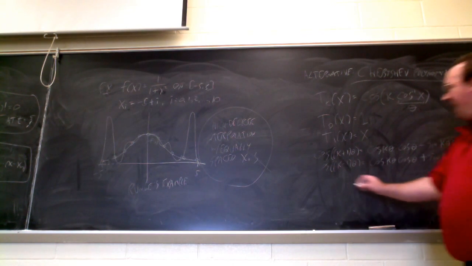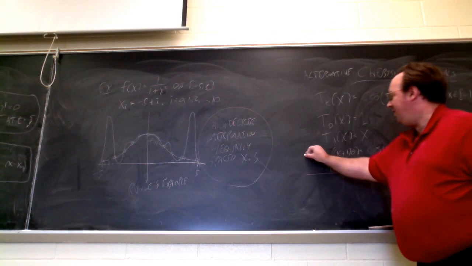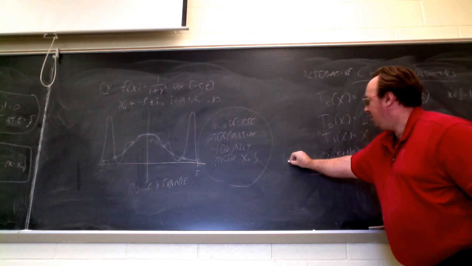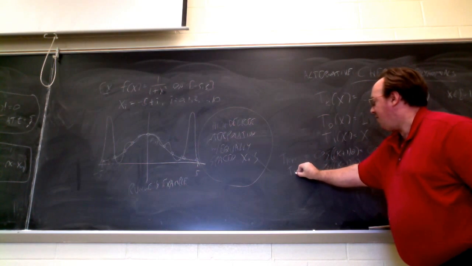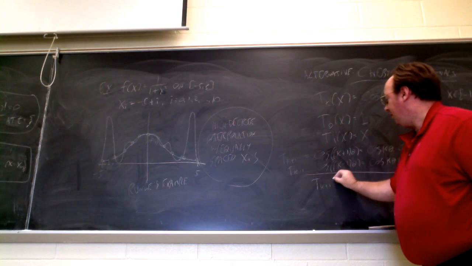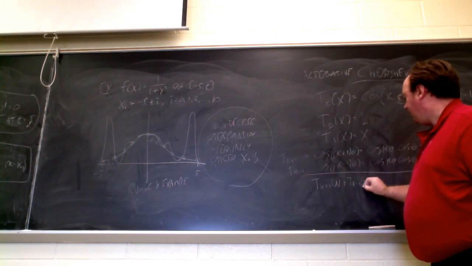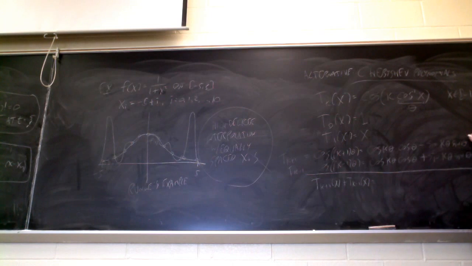So if I were to add these together, well, this is T_{k+1} and this is T_{k-1}. So I have T_{k+1} of x plus T_{k-1} of x on the left side. The sine terms will cancel, so I'm adding these.